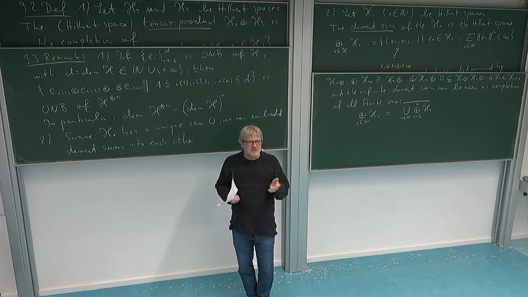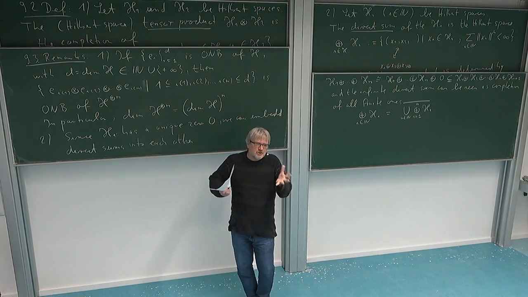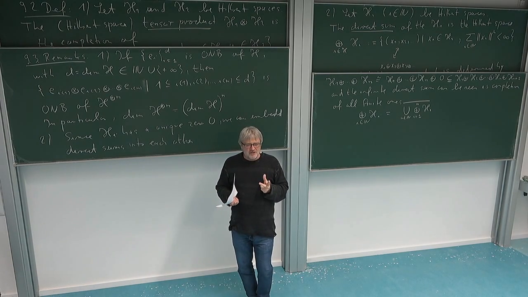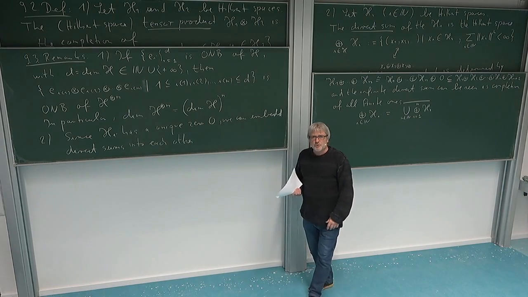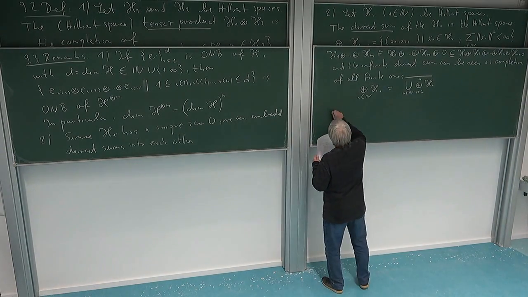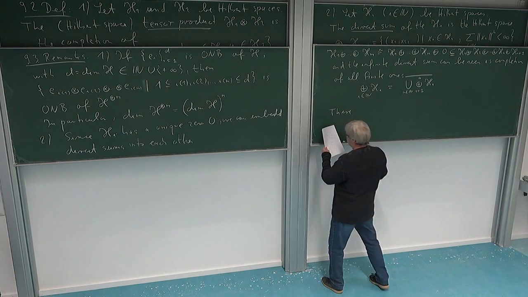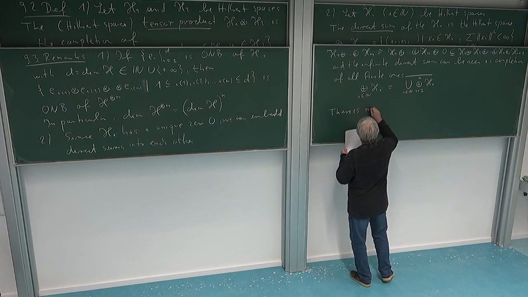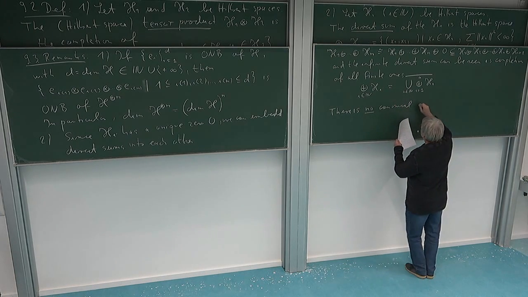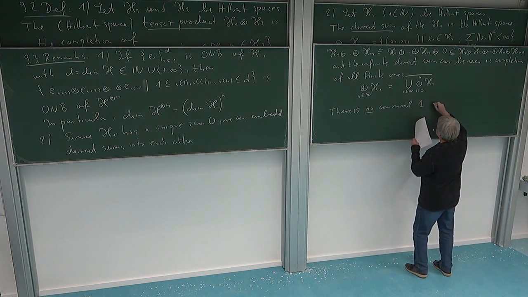So this means there might be a possibility by choosing some elements, but there's no canonical choice, and this means there's no canonical infinite tensor product for Hilbert spaces. So maybe I just want to write this down here. There is no canonical 1 vector in a Hilbert space.